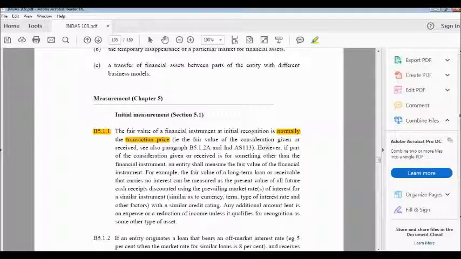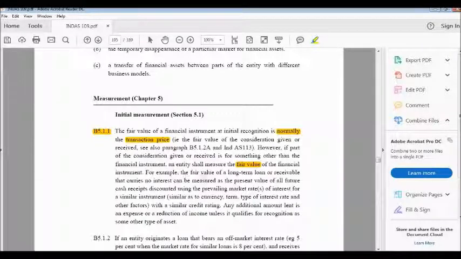However, if part of the consideration given or received is for something other than the financial instrument, an entity shall measure the fair value of the financial instrument.